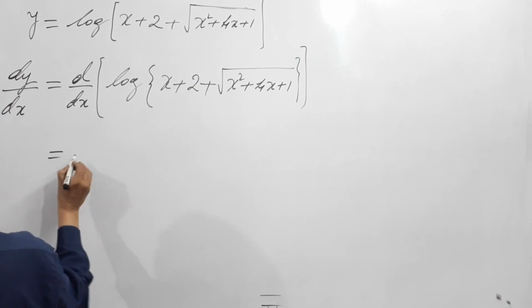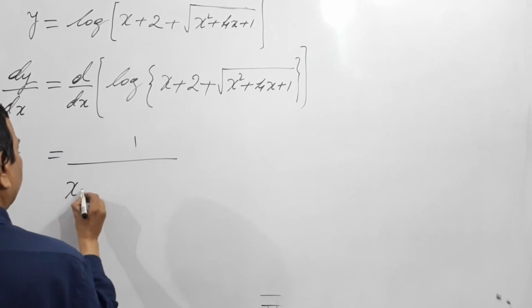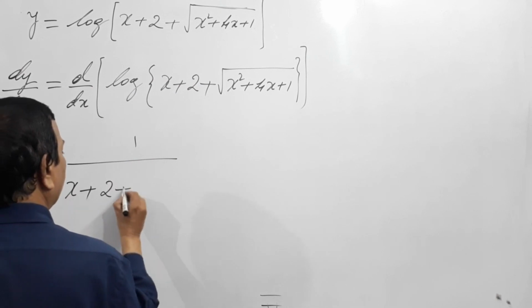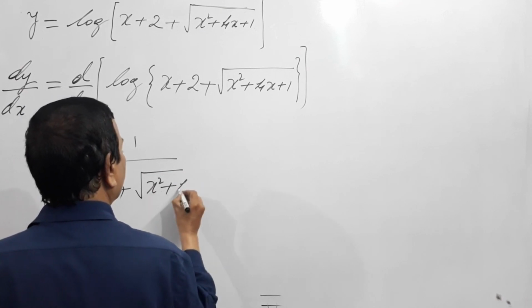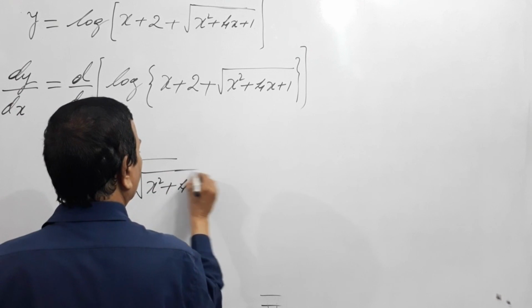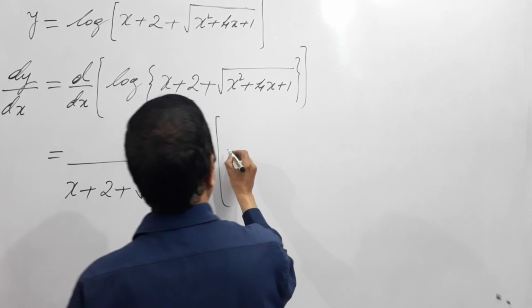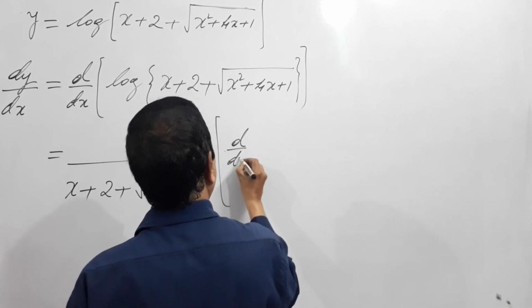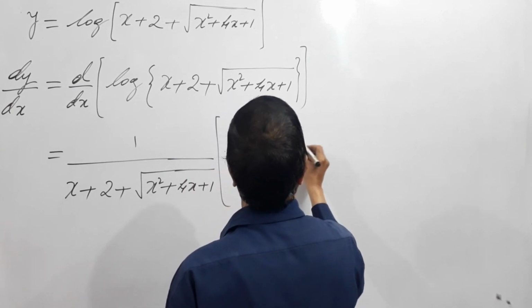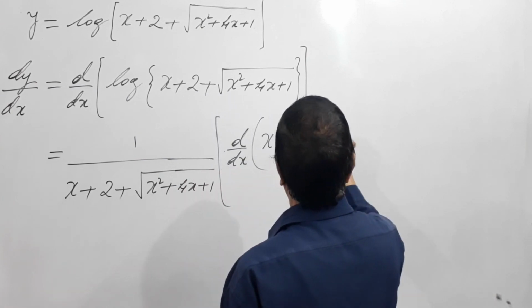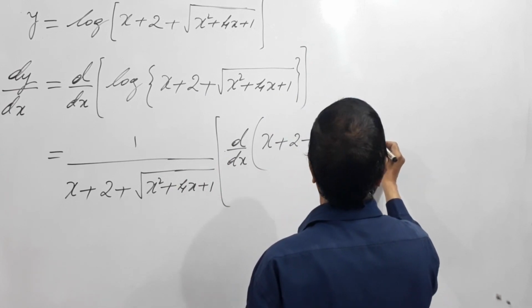So that becomes 1 by x plus 2 plus under the root x square plus 4x plus 1, then d by dx of x plus 2 plus under the root x square plus 4x plus 1.